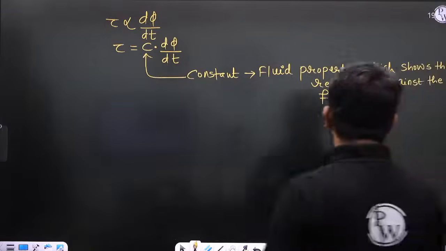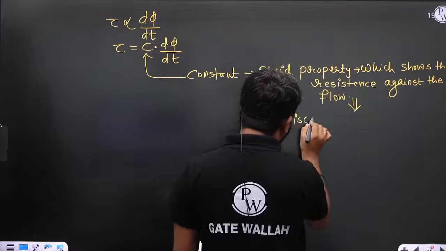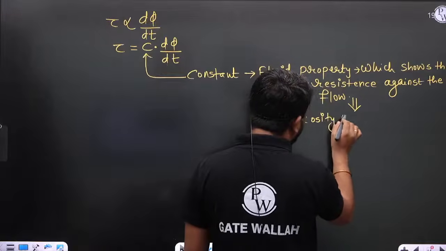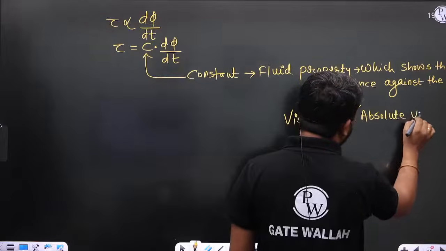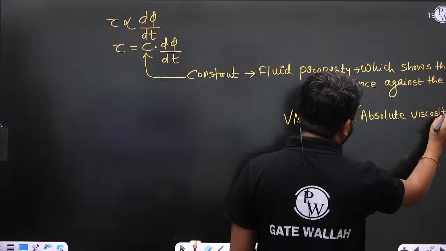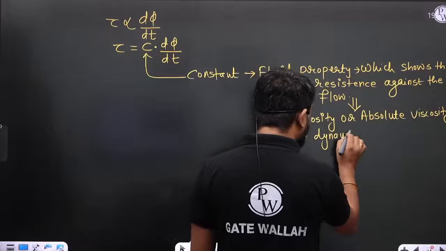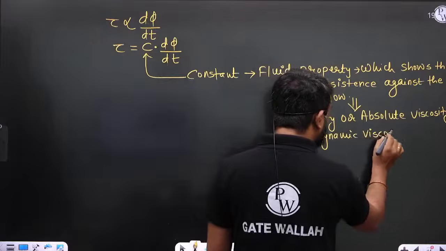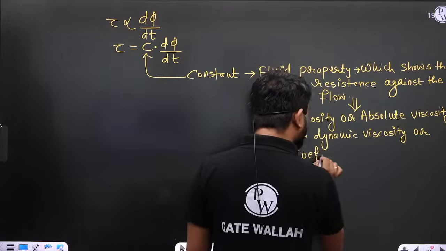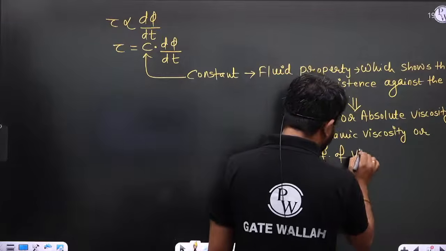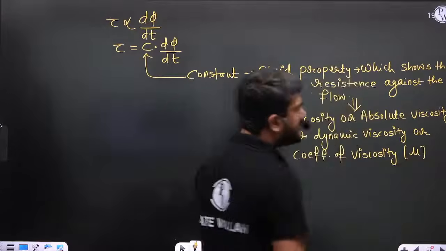And this fluid property is known as the viscosity, or absolute viscosity, or dynamic viscosity, or coefficient of viscosity, and it is denoted by the Greek letter mu.